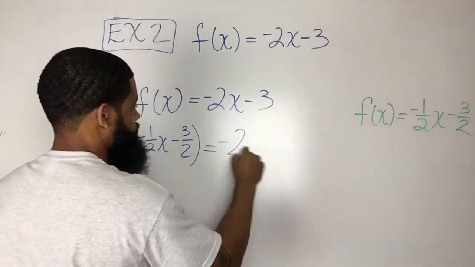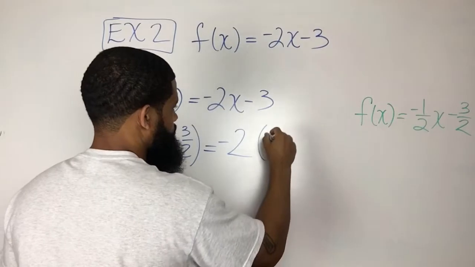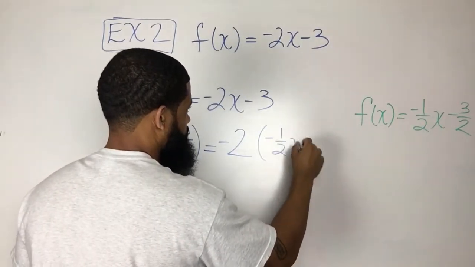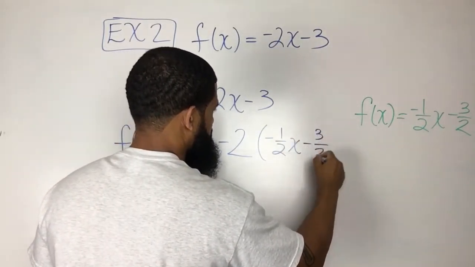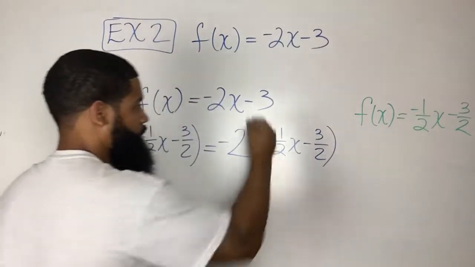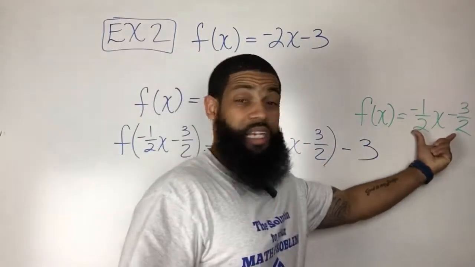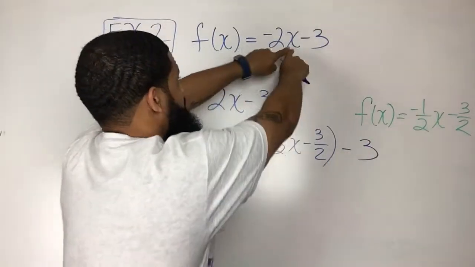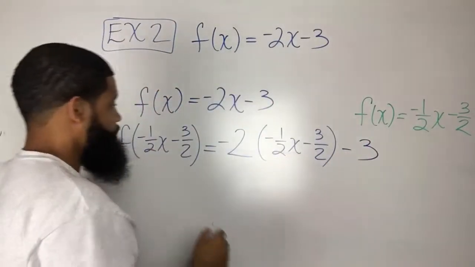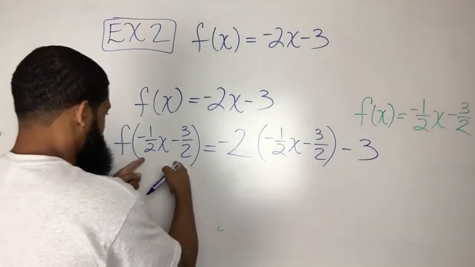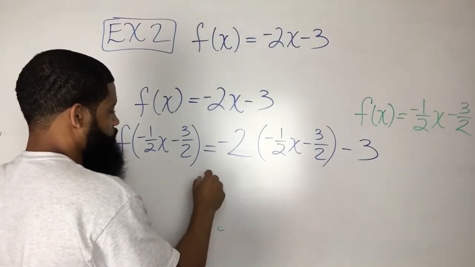So that's negative 2 times the quantity, and then minus 3. All right, so all I did was I substituted the inverse for x in the original function. And then I'm going to calculate. This right here is just telling you that that's my value of x.